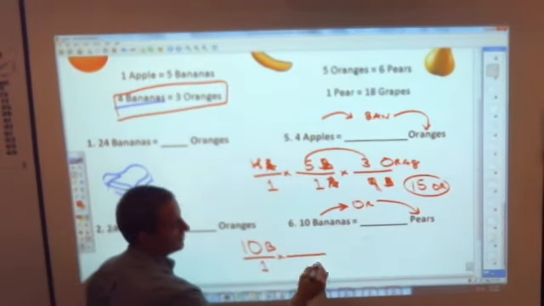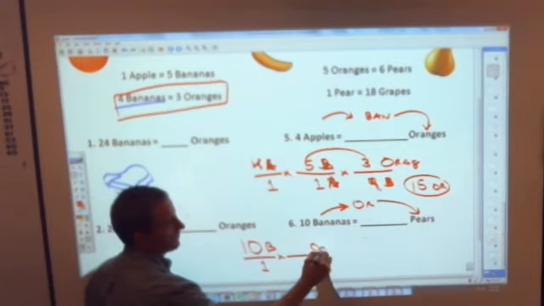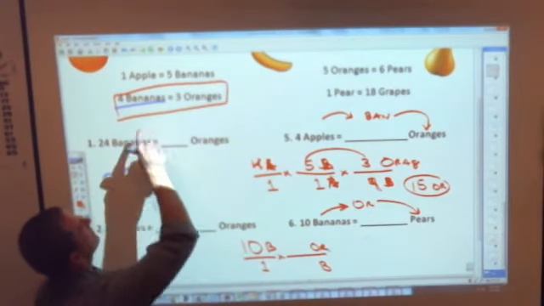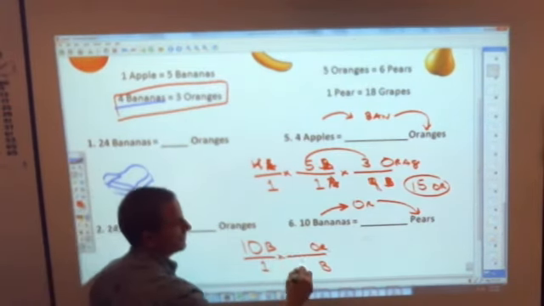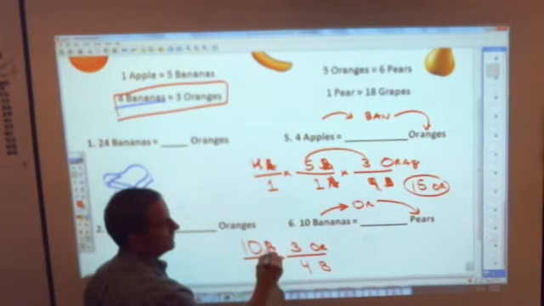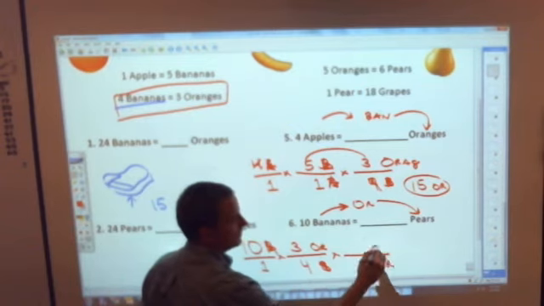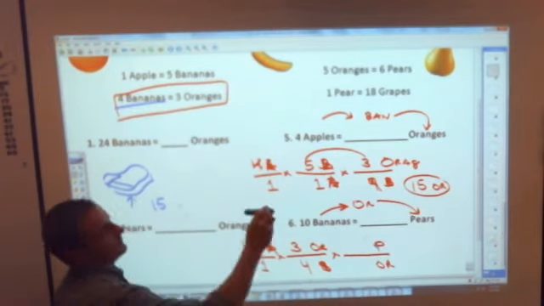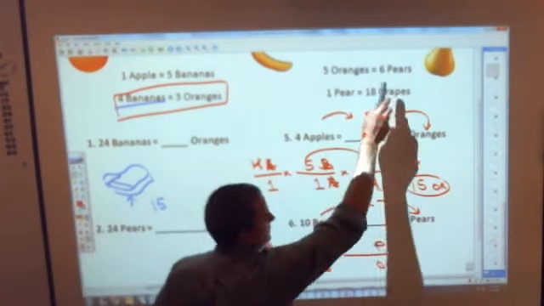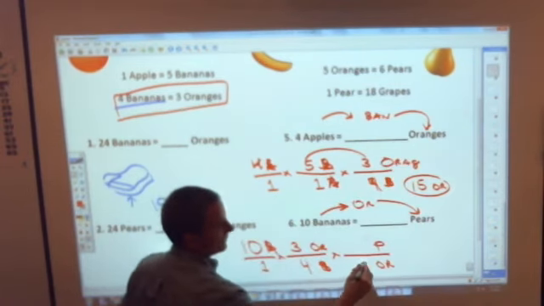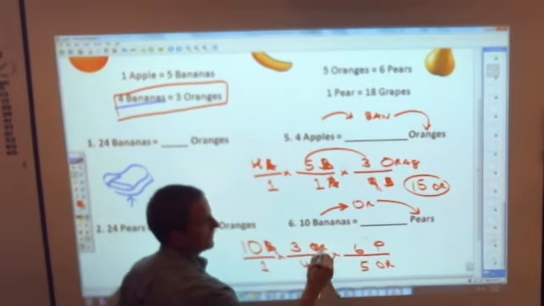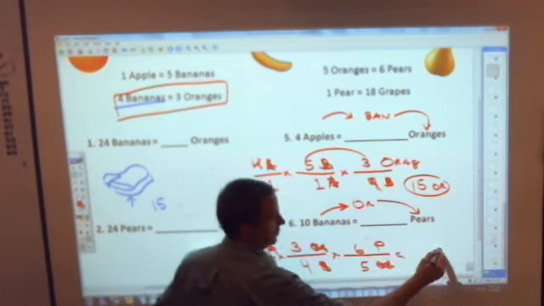My first thing is bananas to oranges: 4 bananas, 3 oranges. Now I've turned it into oranges, and then I need to change oranges into pears. 5 oranges is 6 pears. So 5 goes here, 6 goes there. I have now turned this into pears.